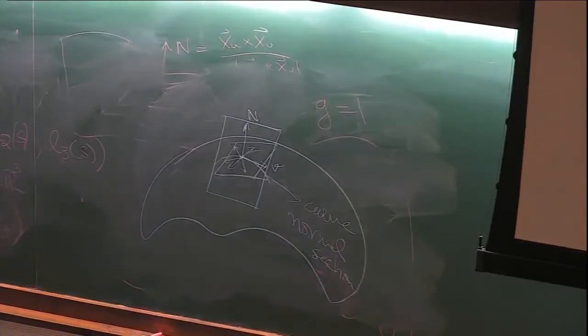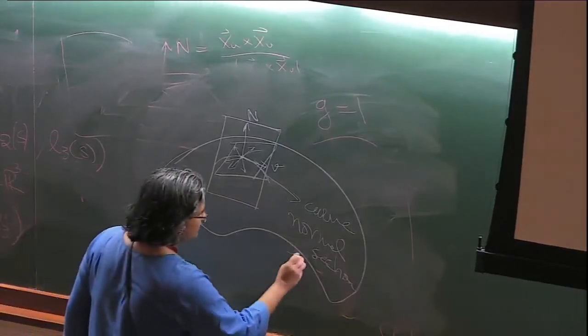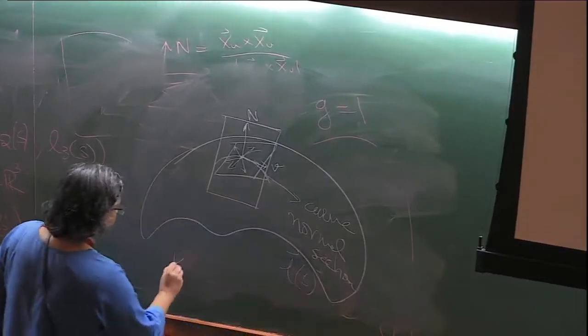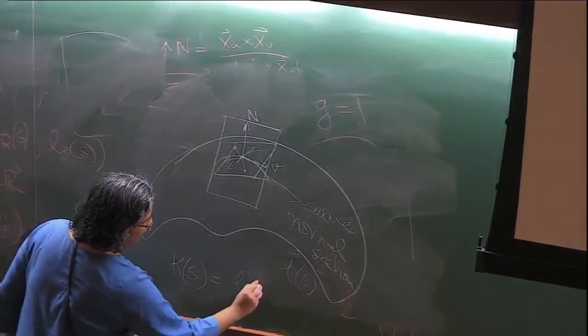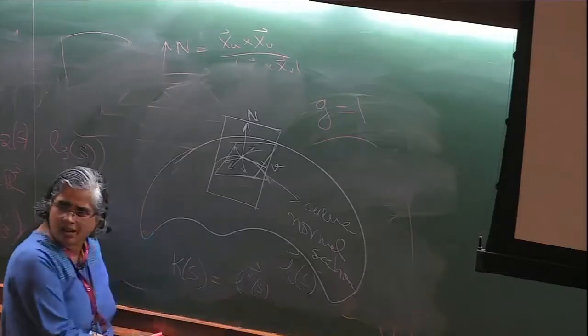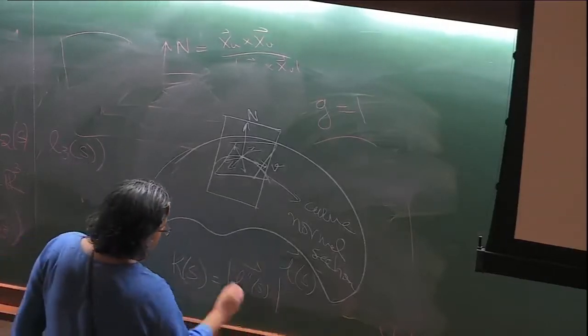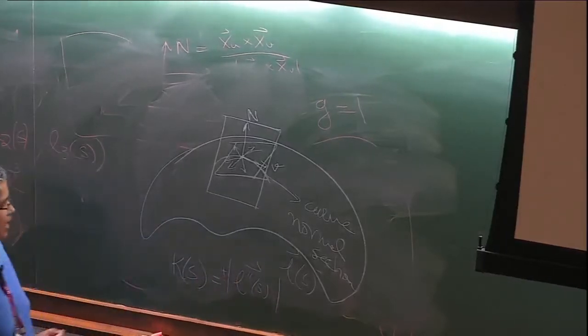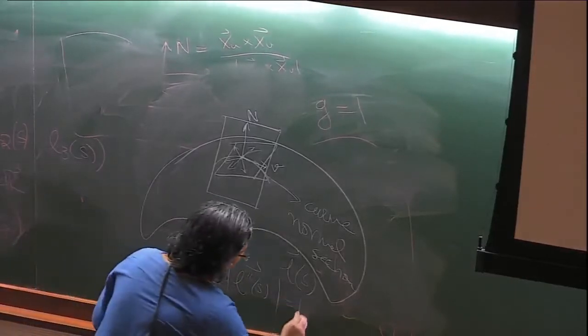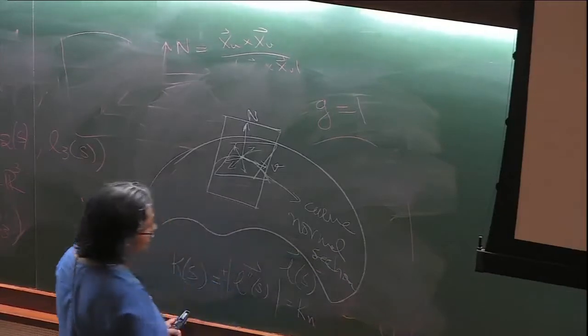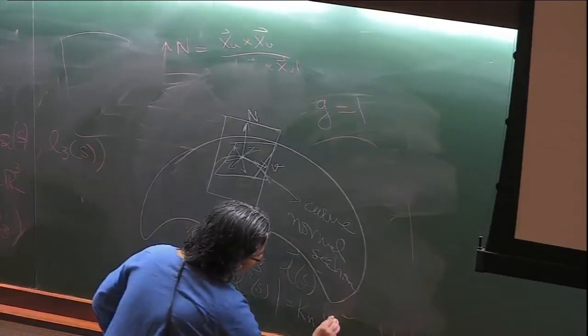Let's call the normal section L of S. You characterize it by arc length and calculate its curvature, and call that the normal curvature in the direction of V.